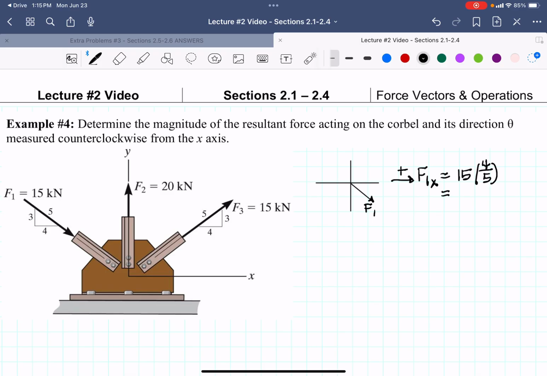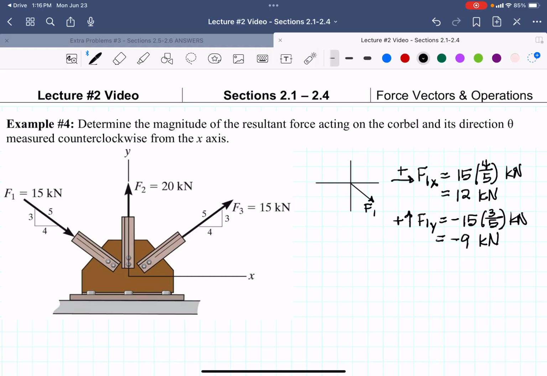So that equals 15 times 4 over 5, which is 12 kilonewtons. And if I say up is positive, F1y is negative 15 times 3 over 5, which equals negative 9 kilonewtons.